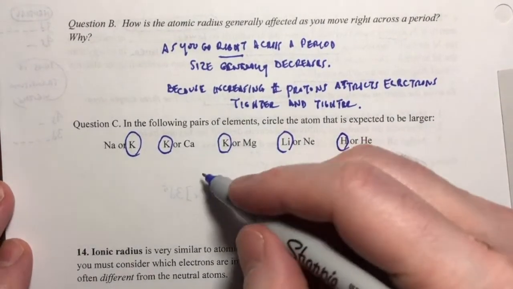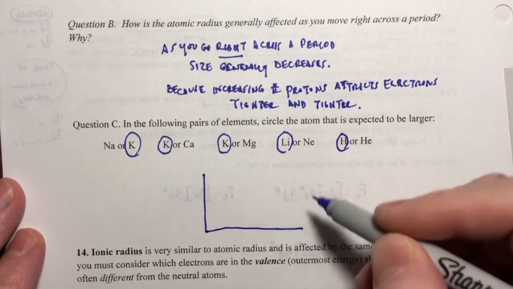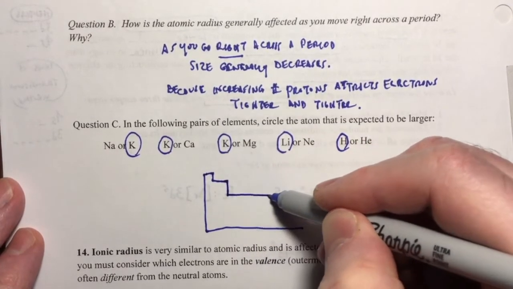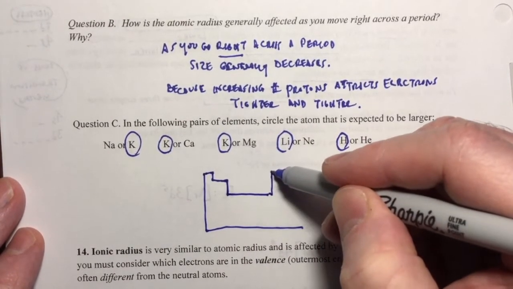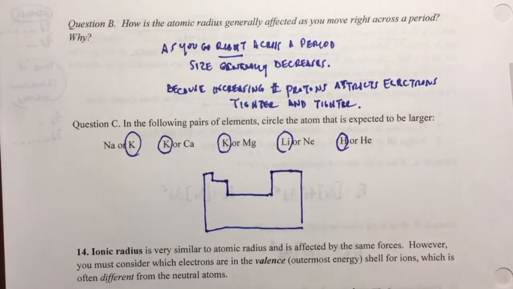And this leads us to a general trend that we can draw. This is, if you'll bear with my rough sketch, the periodic table doesn't look exactly like that, but let's imagine that's the periodic table.